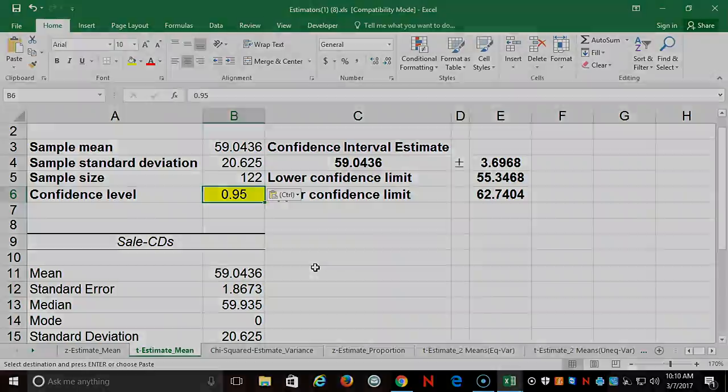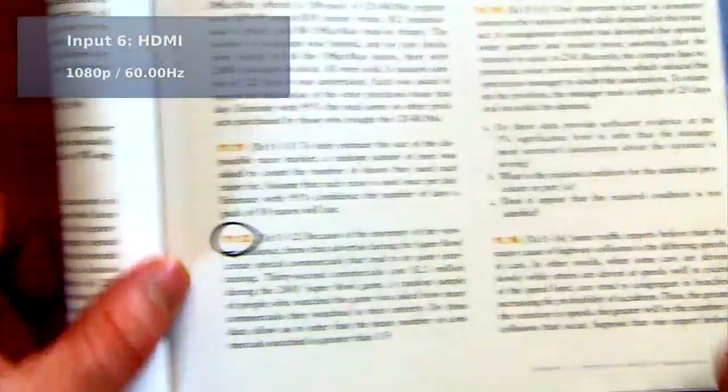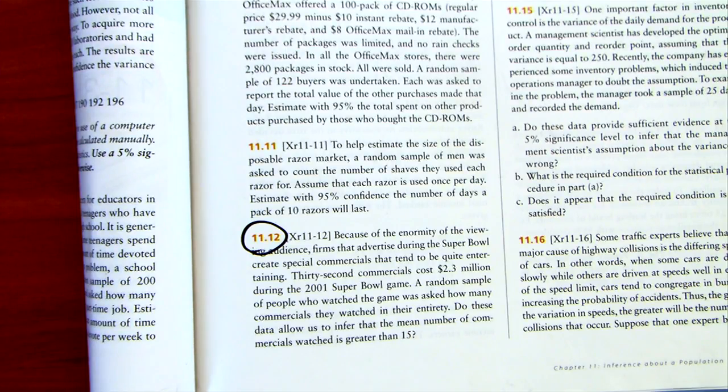I want you to do number 12 in your book right now. This is old days. This is the 2001 Super Bowl game. Does anyone know how much Super Bowl ads were this Super Bowl? I think it was like 3.8 million, something like that for 30 seconds. Does anyone know? Maybe I'm wrong. Maybe it was 5. Yeah, 5 million. Oh, no, I don't want you to do that one. Not yet.